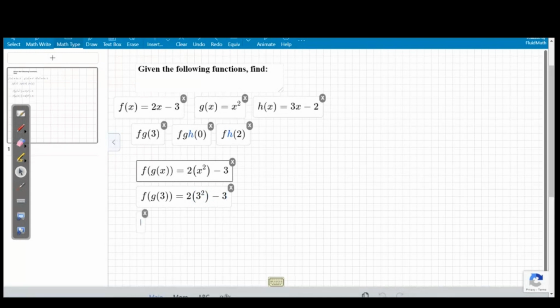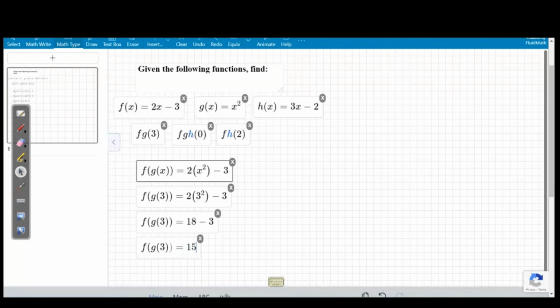So this gives us 3 raised to the power 2 is 9. 2 times 9 is 18. So f of g of 3 becomes 18 minus 3. And our answer is equal to 15.